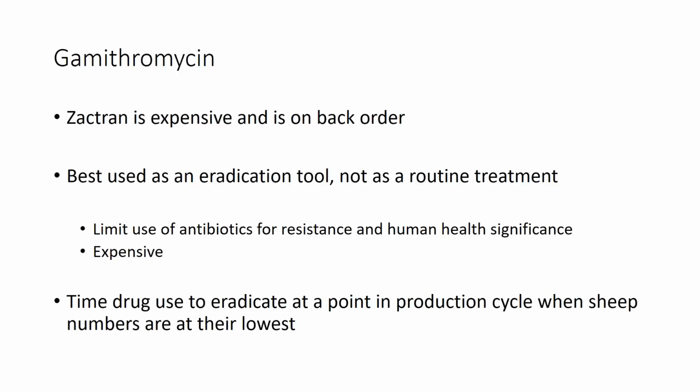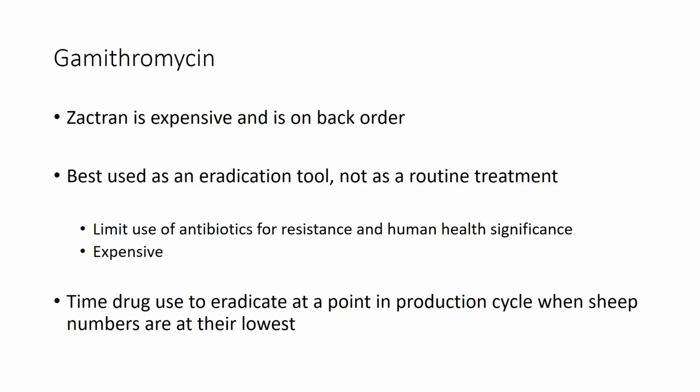Generally, what I recommend to producers, because of the expense and also to attempt to limit the use of the antibiotic and the exposure of the bacterial population to the antibiotic, is to time the eradication or the drug use program at the point in the production cycle when the sheep numbers on the operation are at their lowest.